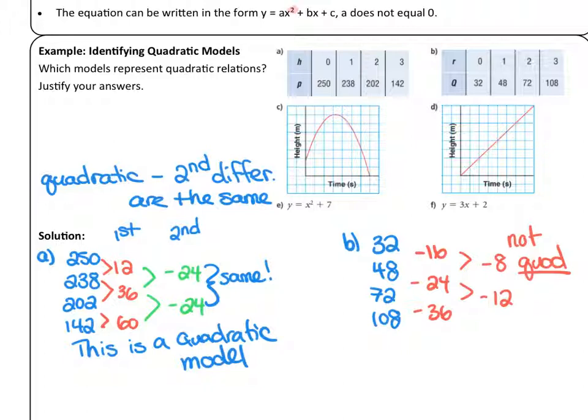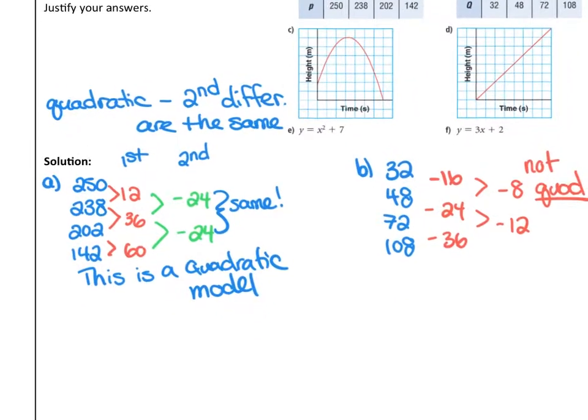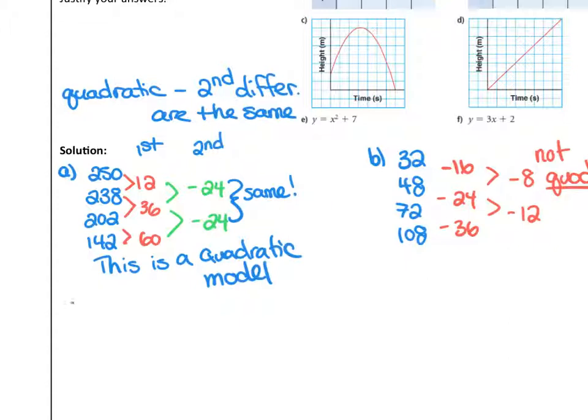Again, the graph is the easier one to do, so we'll do C and D. Notice C has the shape that goes up and then comes back down. This is a parabola, so if you're like, I don't know what it's going to look like if it's quadratic, it looks like a parabola. So it's either going to have this shape where it looks like a hill, or it's going to have this shape where it looks like a valley, or I like to call them smiles and frowns.